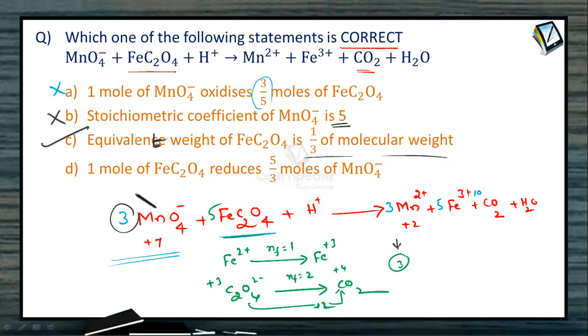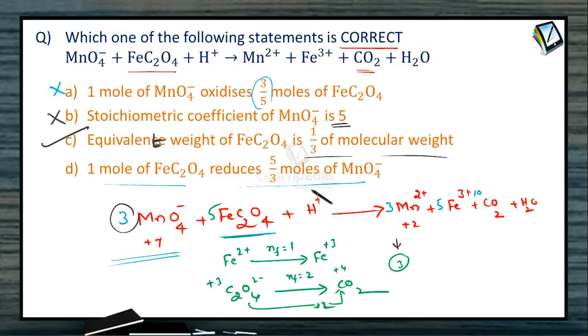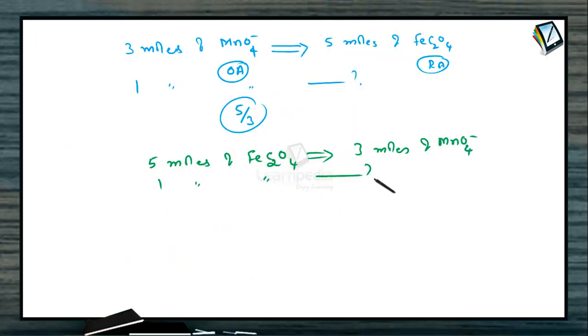But what is D, given to cross check whether it's right or wrong? 1 mole of ferrous oxalate reduces 5 by 3 moles. From the stoichiometric coefficients we have 5 moles of ferrous oxalate reduces 3 moles of permanganate. Therefore, 1 mole of ferrous oxalate reduces how many moles?